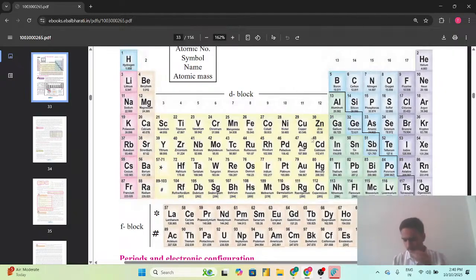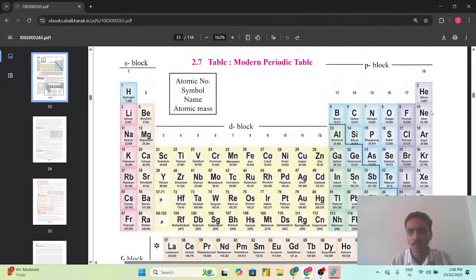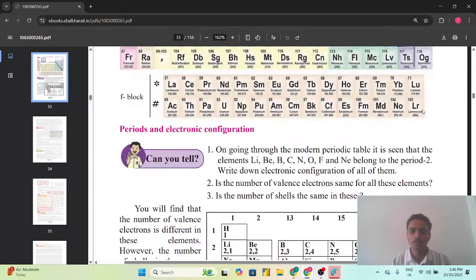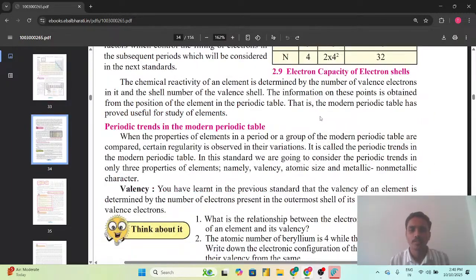All these have their octet complete, duplet complete, so they are in stable states. Due to that, they are called inert gases. They are also called noble gases, and are classified in group 18. Here all their electronic configuration, the octet and duplet, is complete.